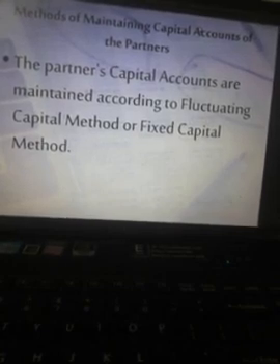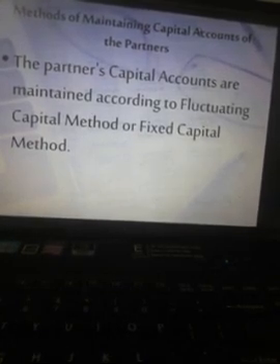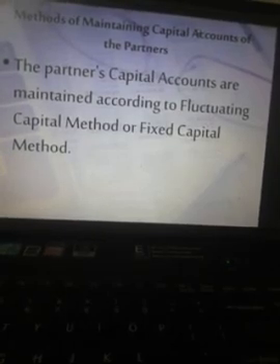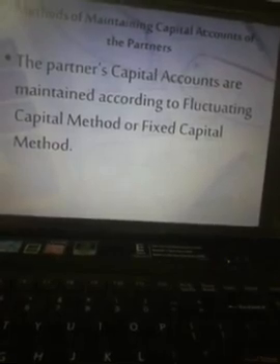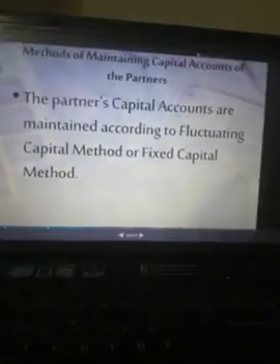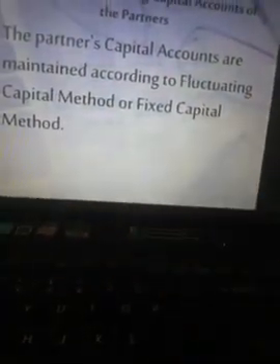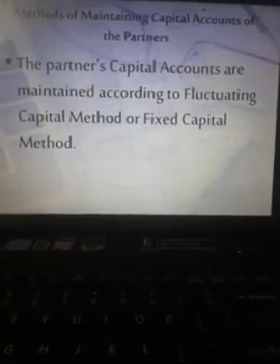Or if in the question two kinds of capital balances have been provided to you, that is the partners capital account and the partners current account. So class, in these two situations it will be considered that the fixed capital method is being followed in the question. I am repeating it once again.